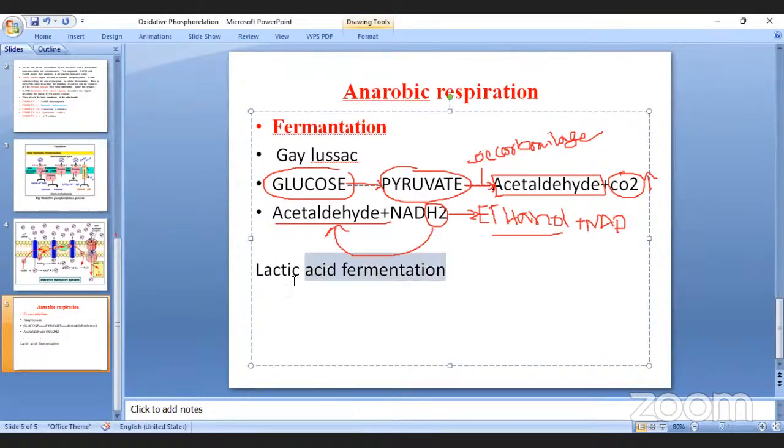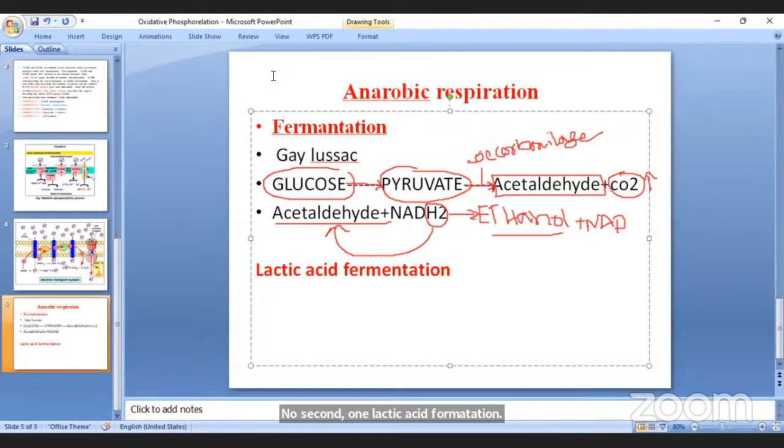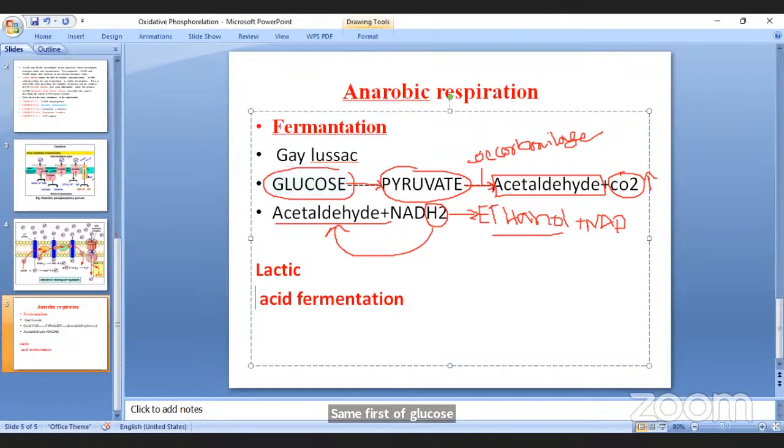Now the second one, lactic acid fermentation. Same in lactic acid also. First glucose.